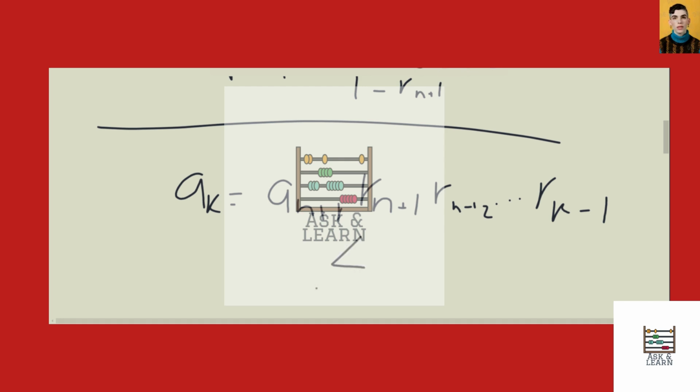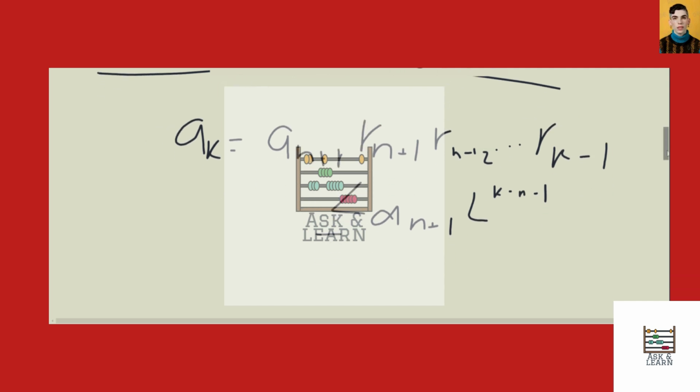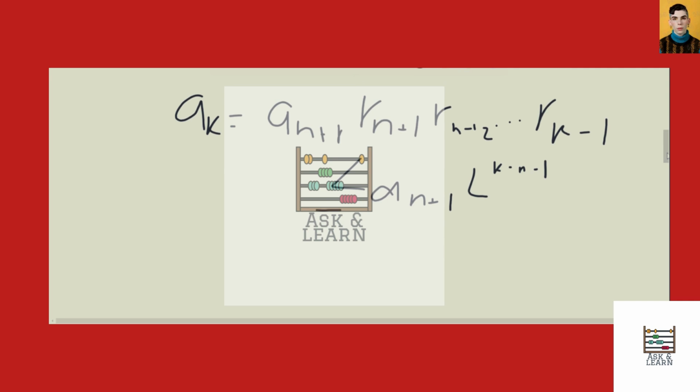And that is less than or equal to a sub n plus 1 times L to the k minus n minus 1, which, if you'll recall, I believe is the sum of the r sub n plus 1 series. And so with this inequality in mind, we can do the same thing we did above, rewriting everything in terms of series.